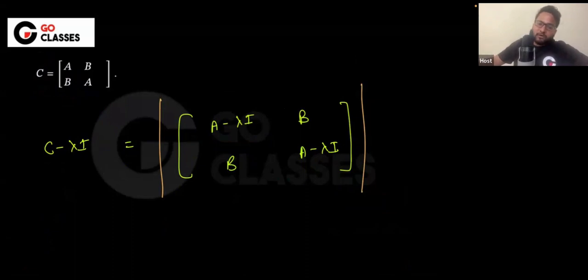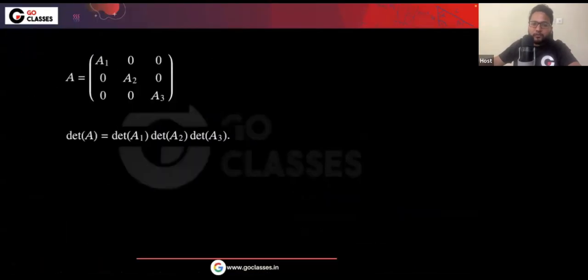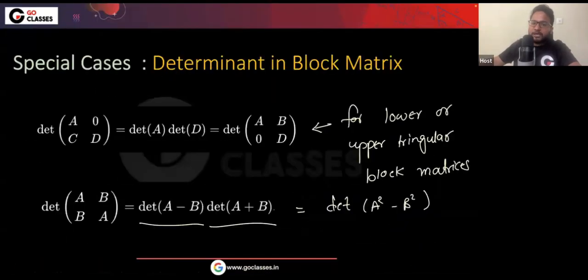Because we have already seen one special type of matrix, where it is not possible to remember the general formula, so the special case I can remember is, if this is A, B and B, A, then the determinant is A minus B into A plus B. Or otherwise, you can sum both of these, this will be A plus B only, A plus B, A plus B, B A. Then you can subtract one from another, it will be 0, and it will be A minus B. So it is A plus B into A minus B. This is how the determinant you can find out.